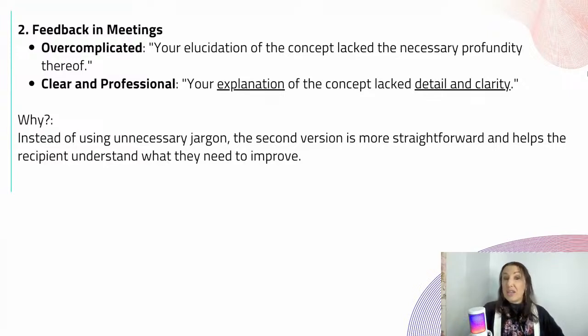It has to be clear for your employee or student. You don't need to use unnecessary jargon. Remember, jargon is specific vocabulary for industries. So you don't want to go so deep into complex structures. You want to be straightforward. That means direct. You want to help the other person understand what they need to improve.